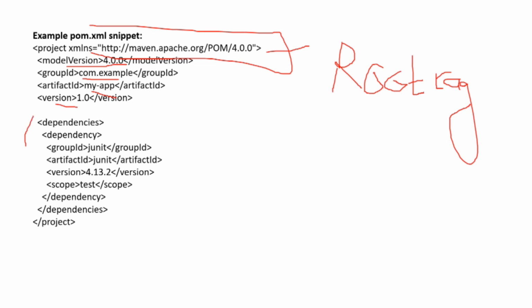Here is the section specifically for dependencies, and inside it you can have numerous dependency blocks. Here we are using the JUnit dependency with its version, and the scope is test, so the library is downloaded whenever testing. Another section is plugins, which are required for how to build or test.